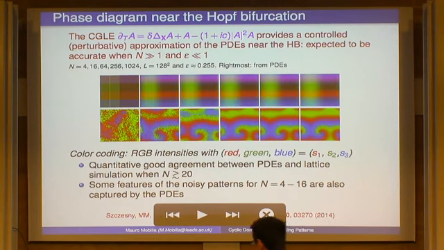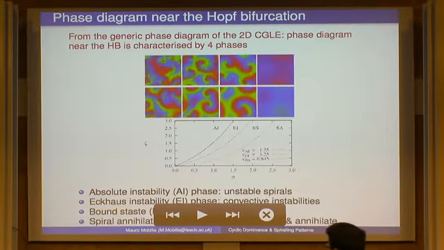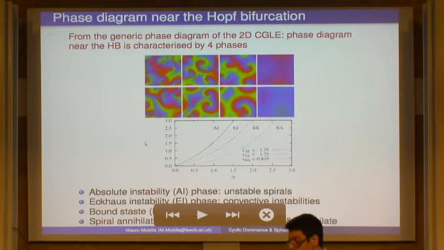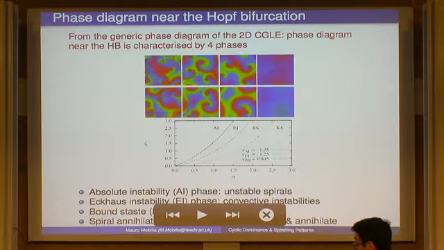With this in mind, I'm now going to use the prediction of the CGLE. The CGLE is an equation that has been around for a very long time, and it has been studied in physics and math by various people for, 15 years or so? 50 years or so? Yeah.